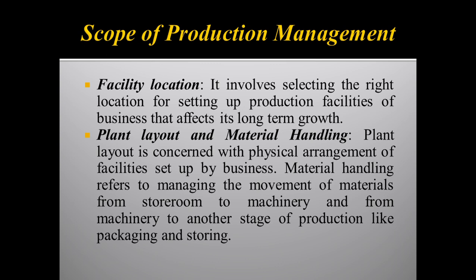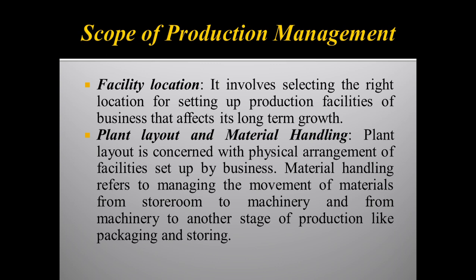Material handling means how the raw materials are being handled while transferring from stores department to the production house, so that least possible wastage should be there. If the materials are going to be wasted, then the company has to incur the cost. So it is important that the material should be handled in the proper manner.